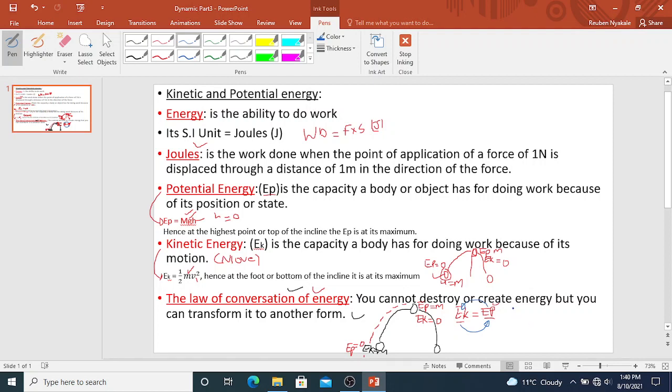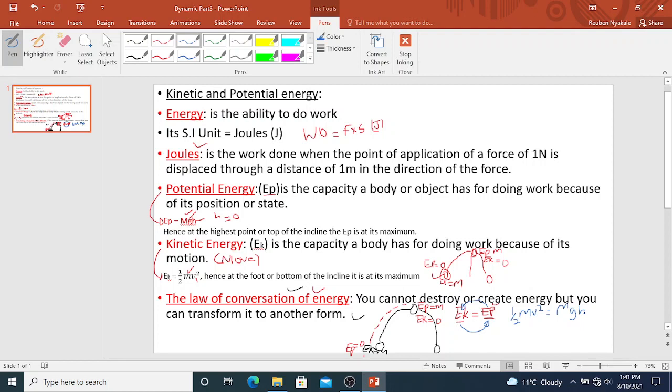Now, what is the formula of EK? It is half mass v squared equals mgh. Now we will be using this formula in other instances where they want us to calculate a velocity.